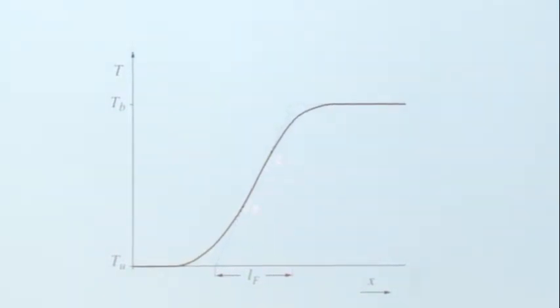You take the maximum gradient, or maybe the gradient at the ignition temperature, and extend it to the burned and the unburned, and where this line crosses TB and TU, the distance between these 2 points is the flame thickness. So it's just approximating this flame by this step function, or whatever you want to call it. That's how you would define the flame thickness from an experiment.